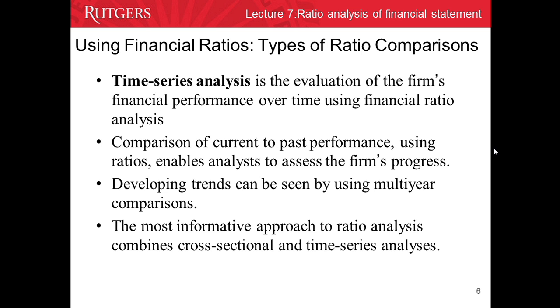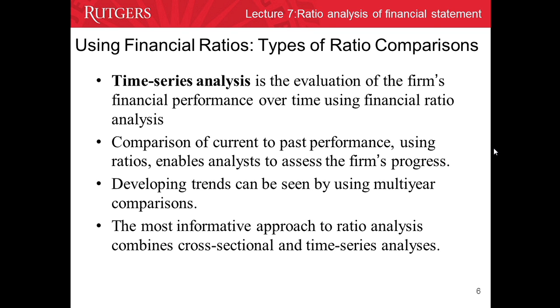Another type of ratio comparison is the time series analysis. It is the evaluation of the firm's financial performance over time using financial ratio analysis. It compares the current ratios to past performance.